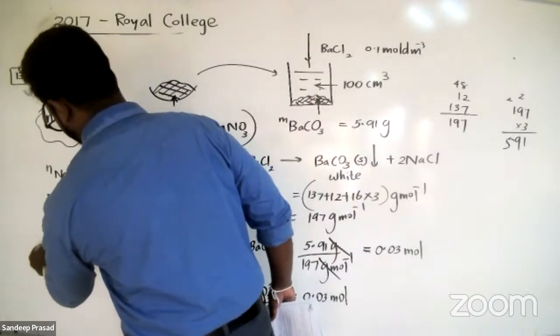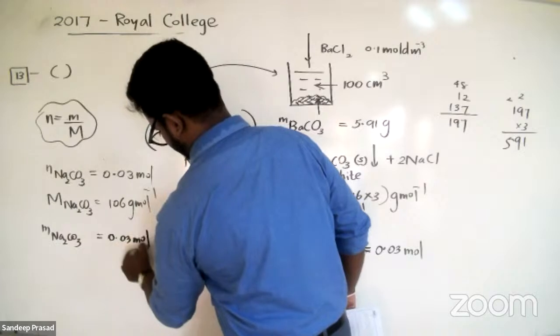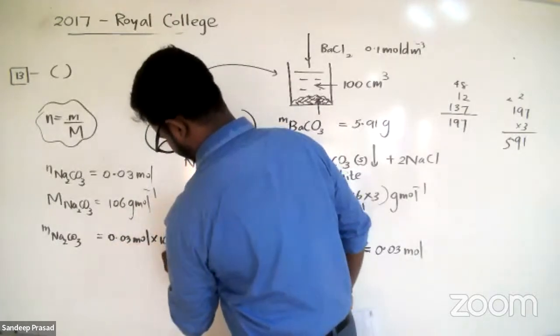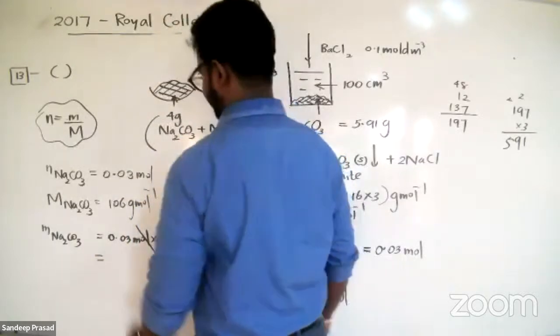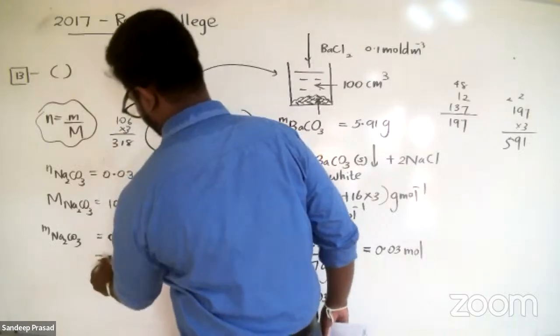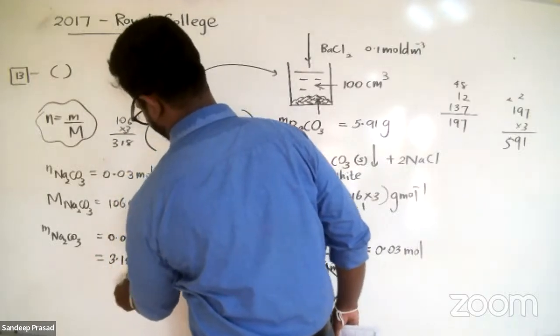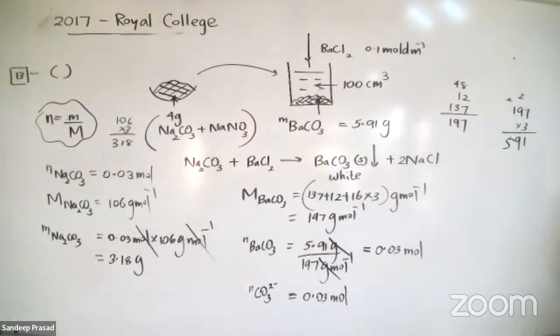Then find out the mass of sodium carbonate, 0.03 multiplied by 106. So the answer is 3.1. That is the mass of sodium carbonate.